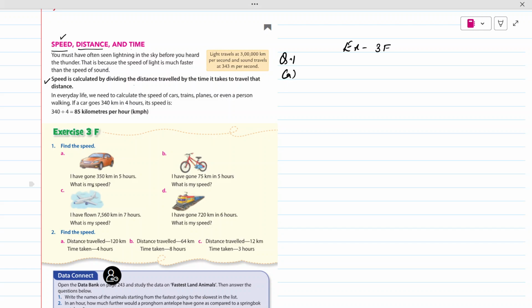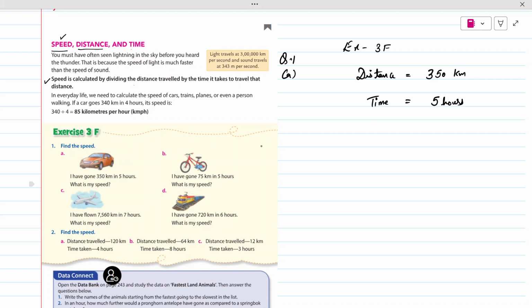I have gone 350 kilometers in 5 hours. What is my speed? So distance is given to us as 350 kilometers and the time taken to complete that distance is 5 hours.